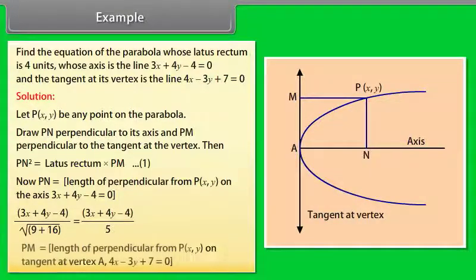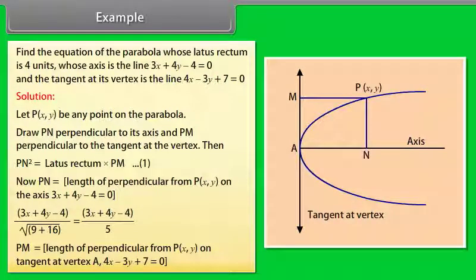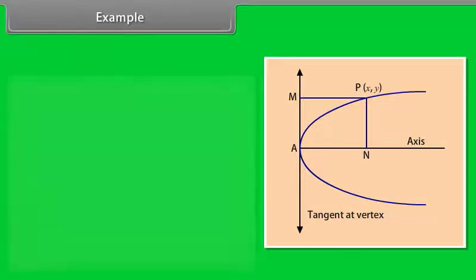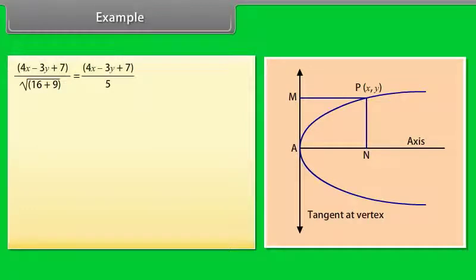PM is equal to the length of the perpendicular from P(x, y) on the tangent at vertex A, 4x minus 3y plus 7 is equal to 0, which is (4x minus 3y plus 7) upon under root 16 plus 9, equal to (4x minus 3y plus 7) upon 5. Latus rectum is equal to 4.